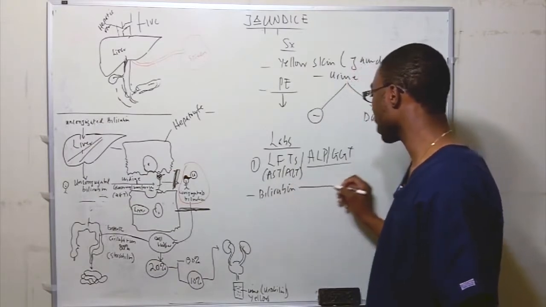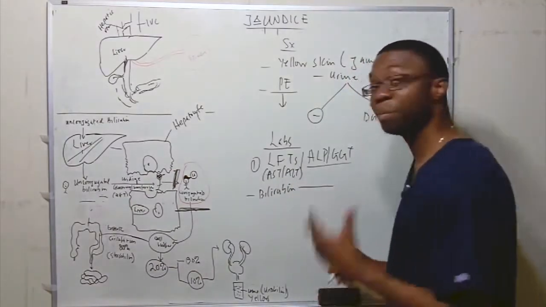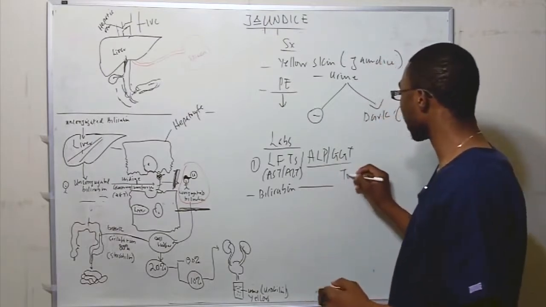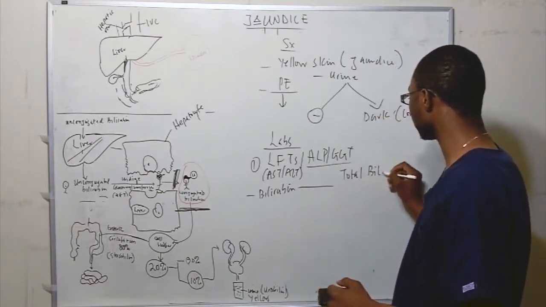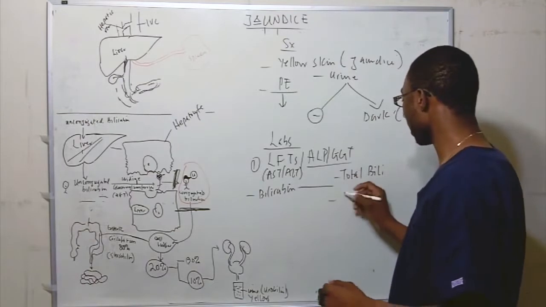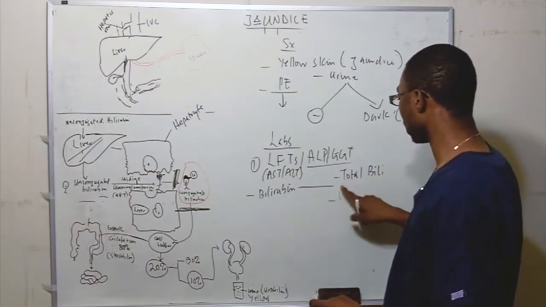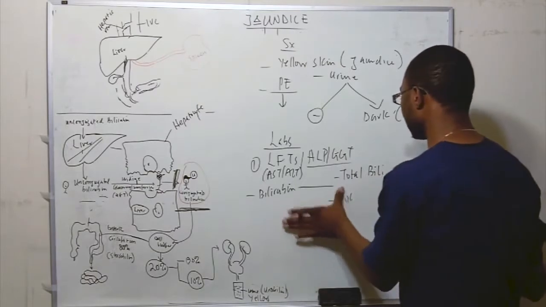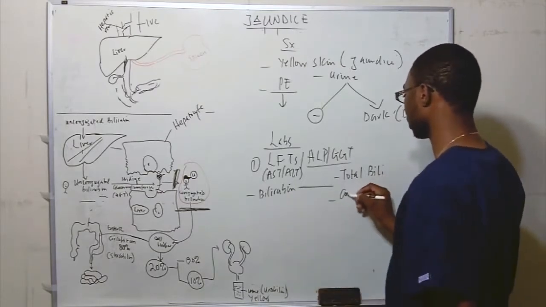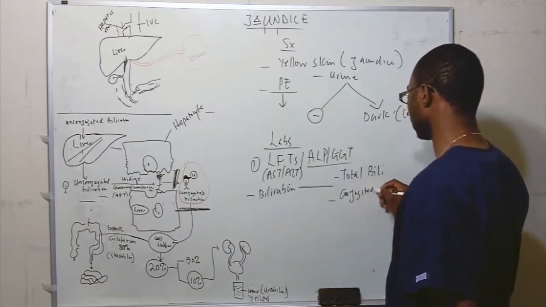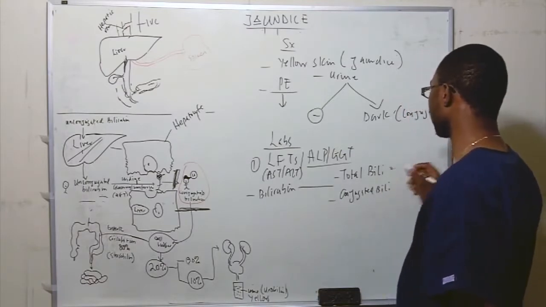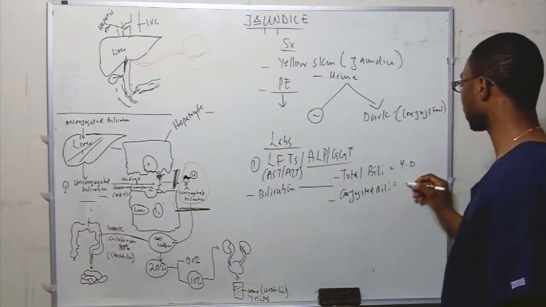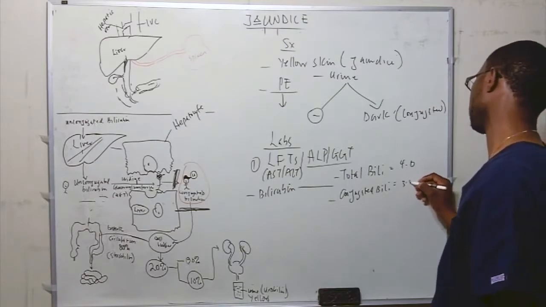And now this is where the bread and butter is. When bilirubin comes back from the lab, it comes back as total bilirubin, and they give you the conjugated bilirubin. So let's say this is 4 and this is 3.